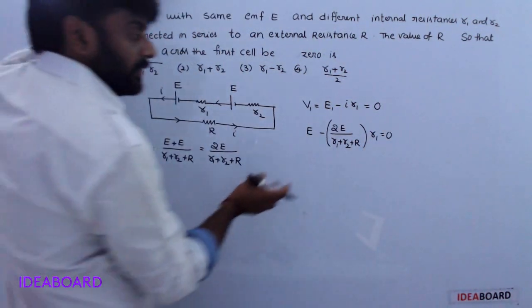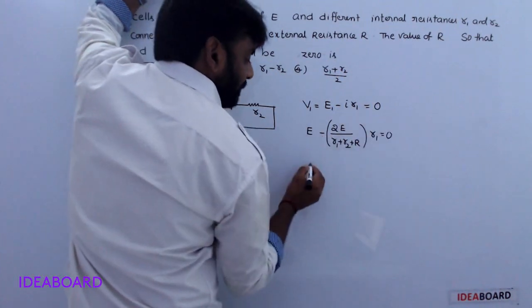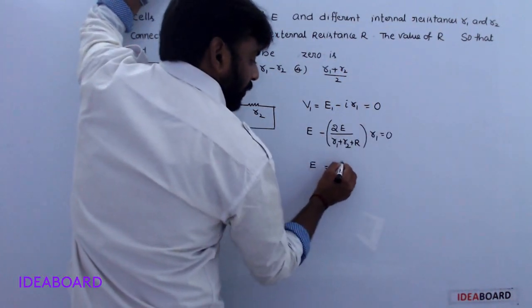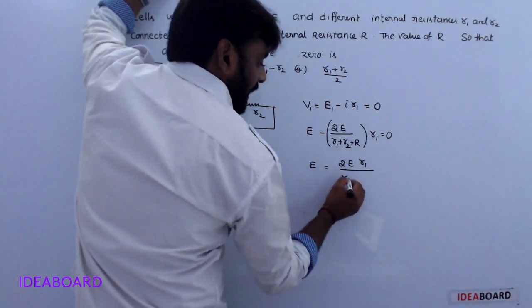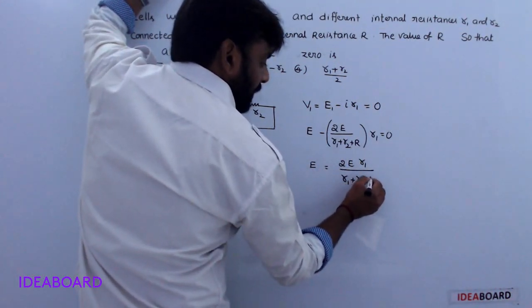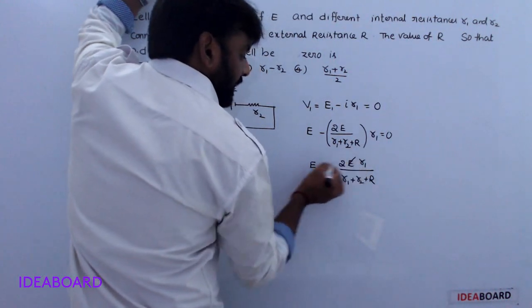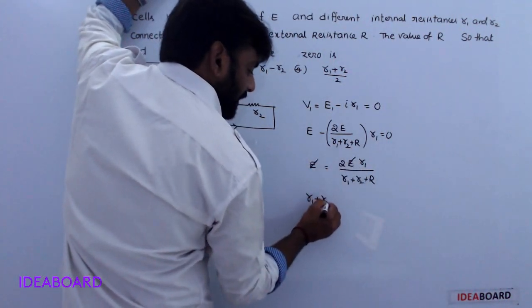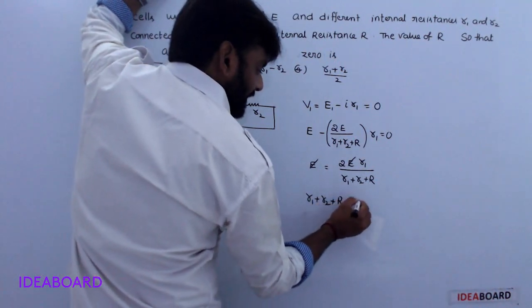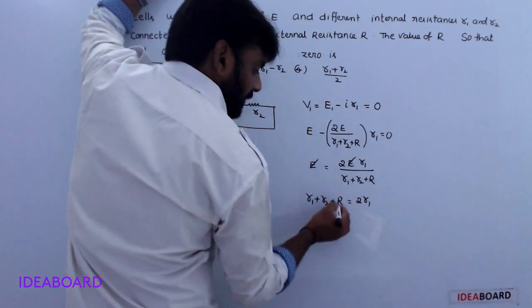Now take it to this side: E is equal to 2E R1 by R1 plus R2 plus capital R. Here E cancels. So R1 plus R2 plus capital R is equal to 2R1.